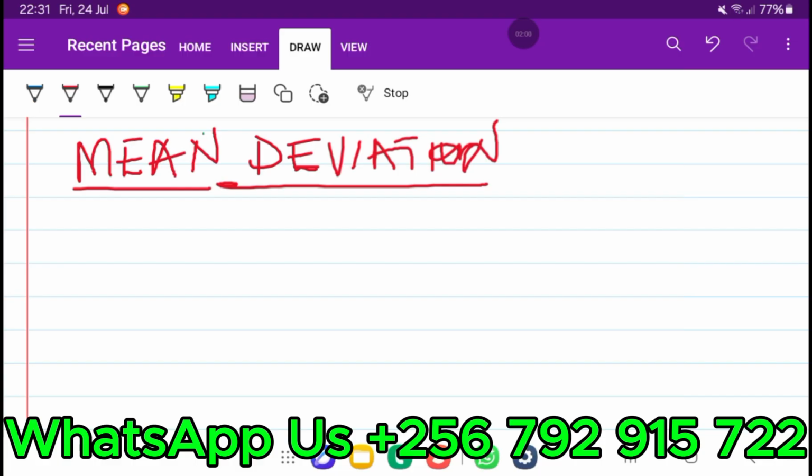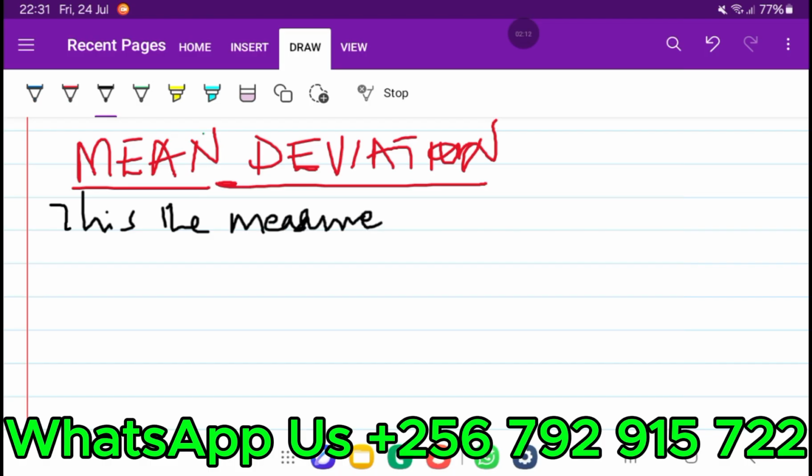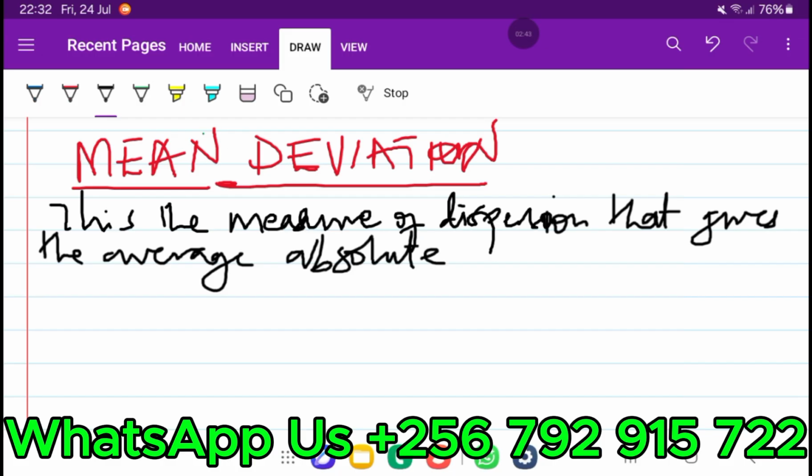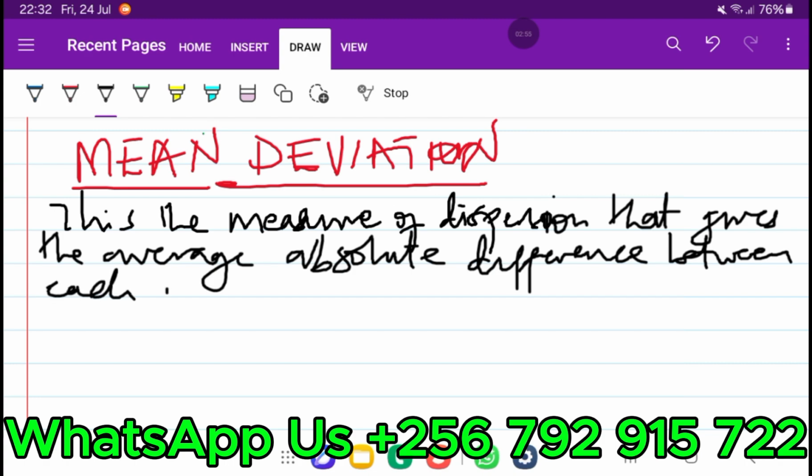In other words, if you are looking for the definition, the mean deviation is the measure of dispersion that gives the average absolute difference between each item and the mean.